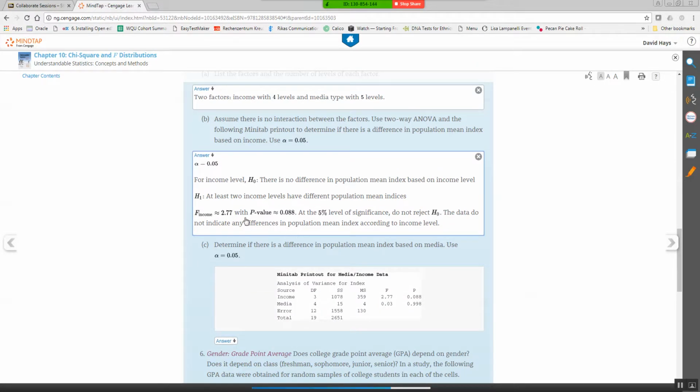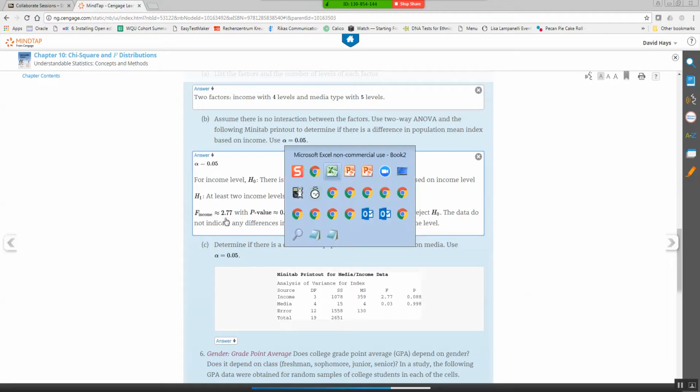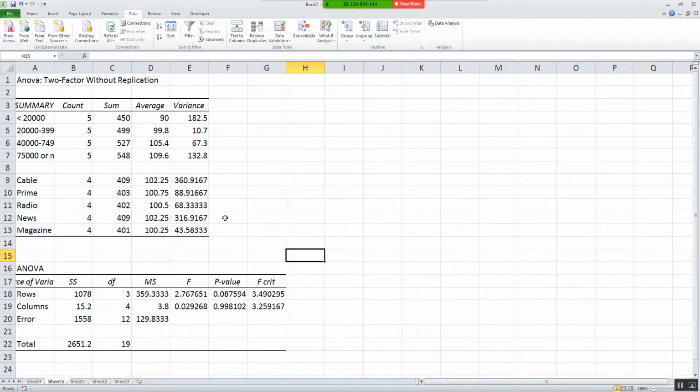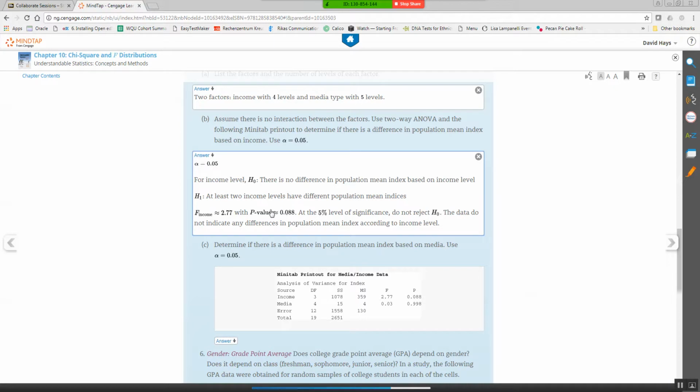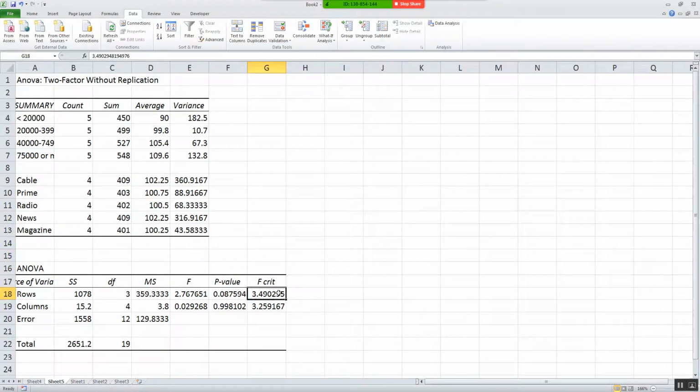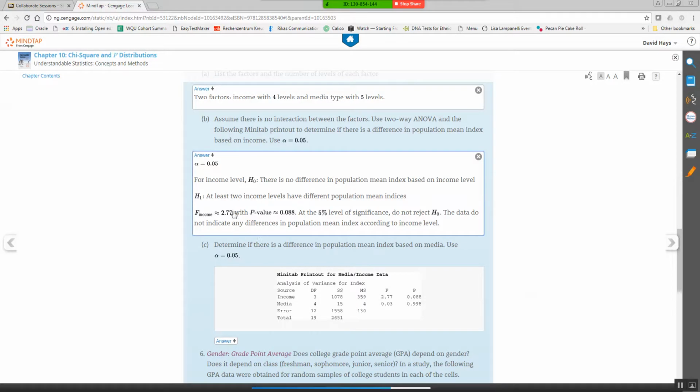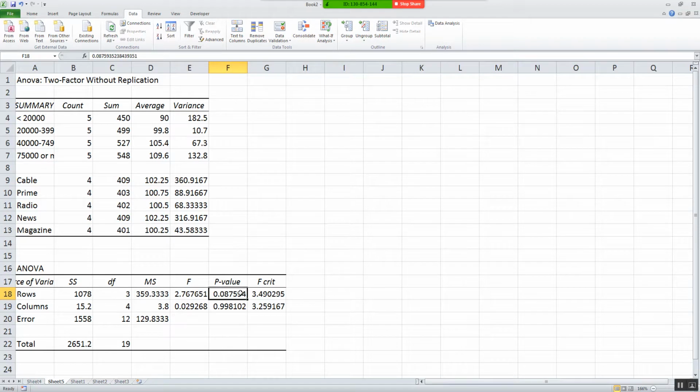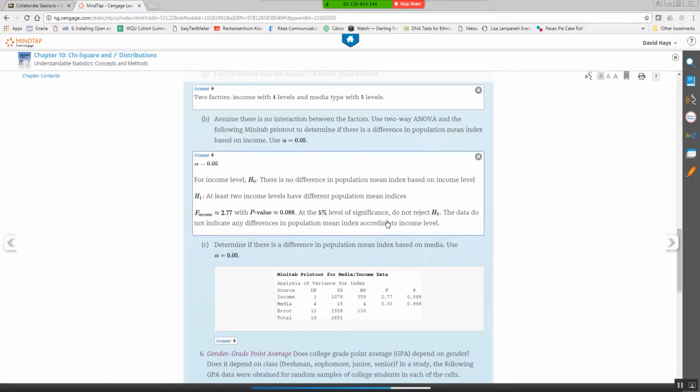Here's your... I don't think it gives us that. Yeah, it does. Well, maybe it doesn't. Oh, right here. 2.77. So it's given us the F value, and the P value is 0.088, which is right here.